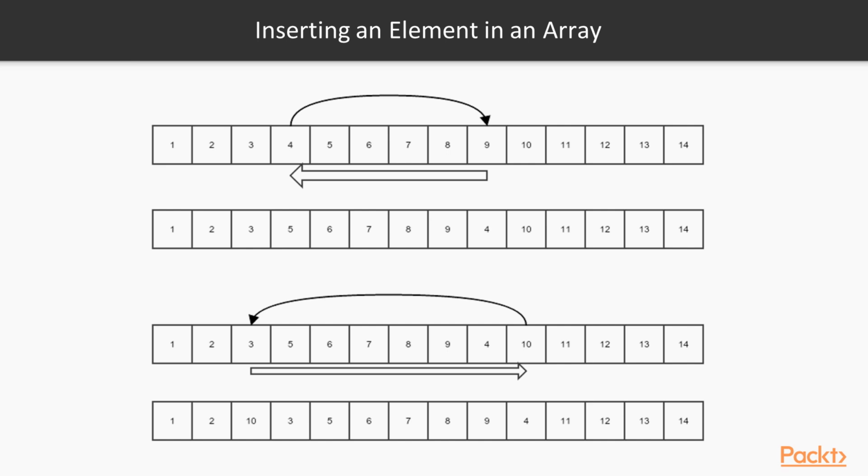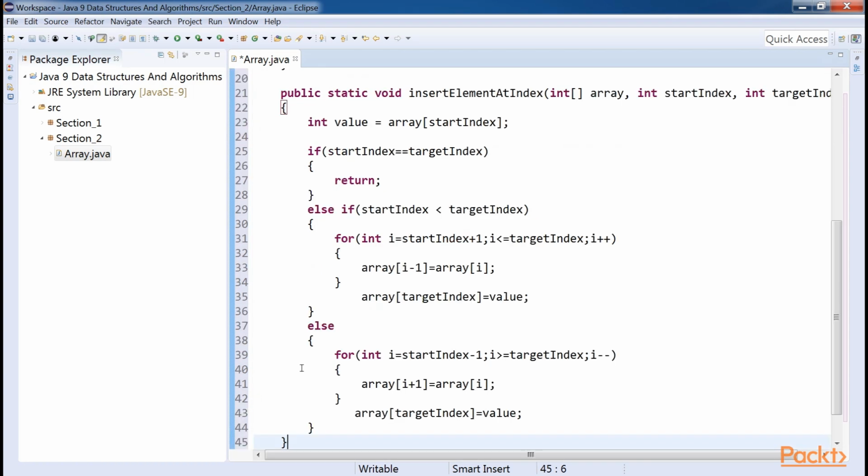The thin black arrows show the movement of the element that is being reinserted, and the thick white arrow shows the shift of the elements of the array. In each case, the bottom figure shows the array after the reinsertion is done. Notice that the shifting is done either to the left or right, depending on what the start and the end index are. Let's put this in code.